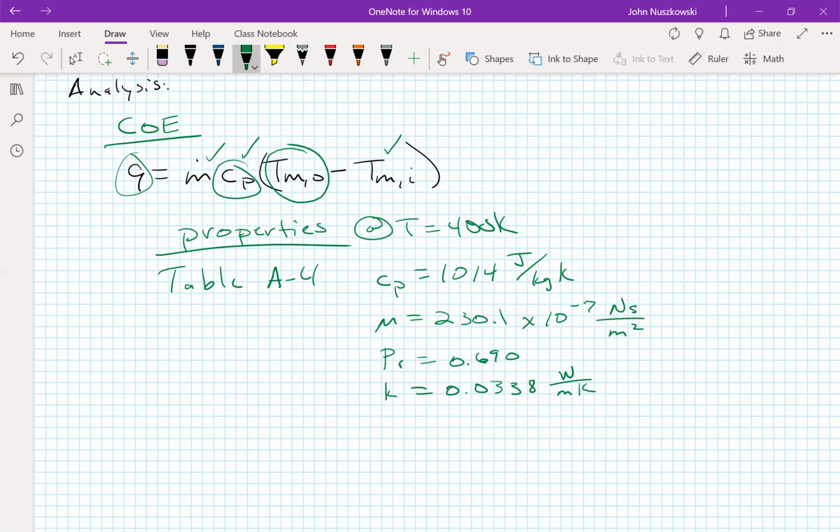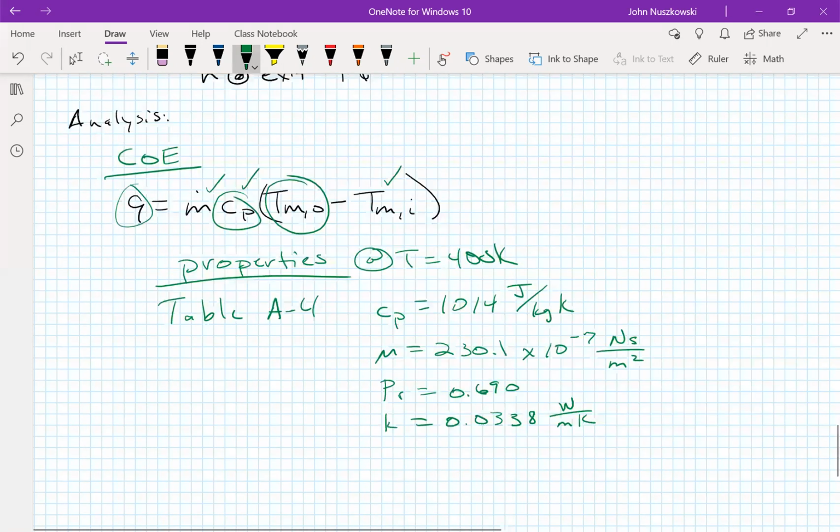All right, so then we have our one equation of the COE, but two unknowns, right? So where else can we go from here? Can we do the special case of the uniform surface heat flux?